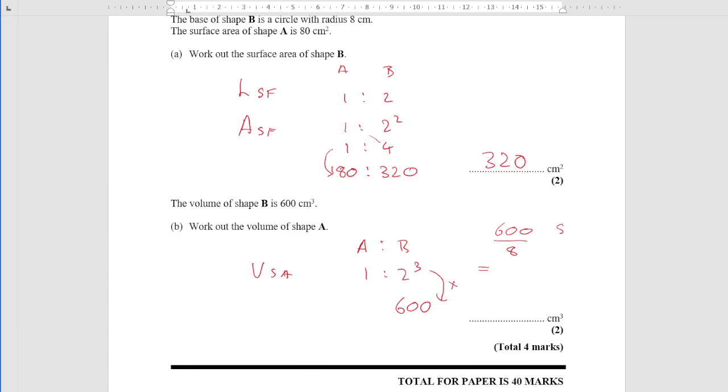Let's do the proper division. I'm sure I'm overcomplicating this a bit. I need to divide this by 8 either way. So 8's going to 60, 7 times fully, with 4 left over, and then 8's going to 45 5 times, so it's 75.